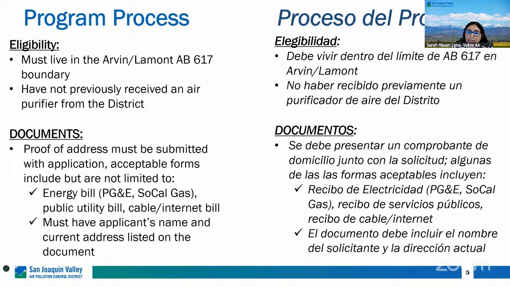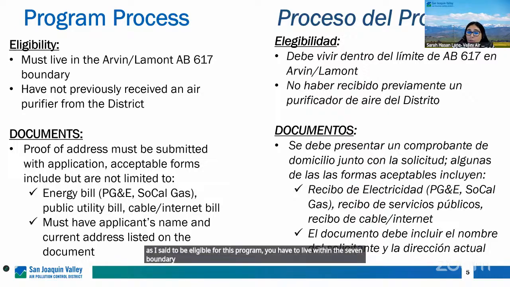To be eligible for this program, you do have to live within the AB 617 boundary, and you could not have previously received an air purifier from the district. If you satisfy those requirements, you can submit an application, which will include a proof of residence document. A lot of folks submit their IDs or driver's license.